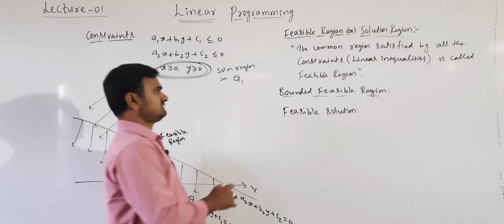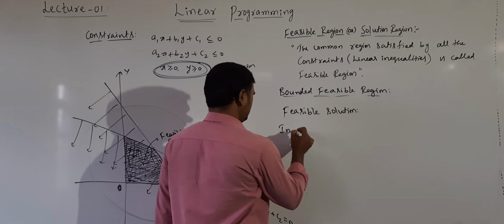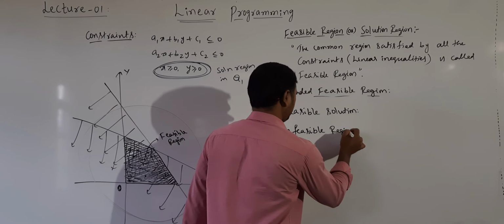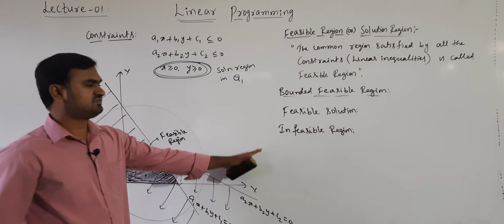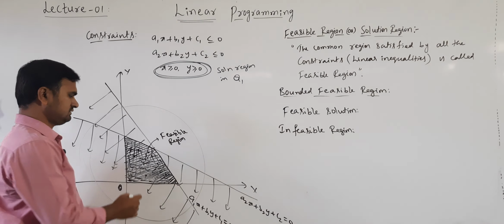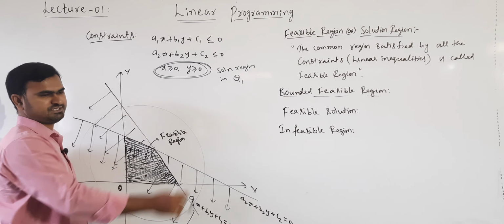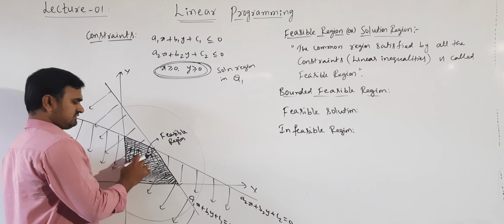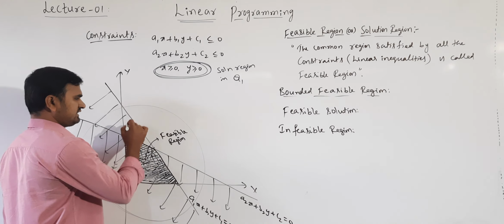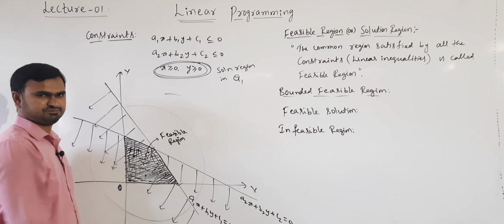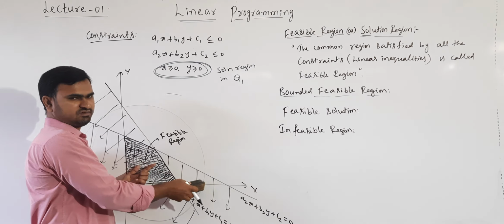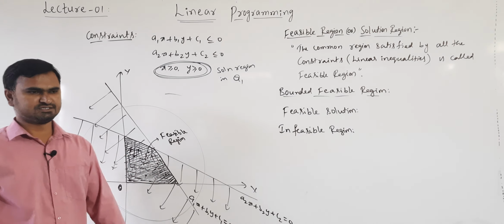Next we study infeasible region. Now what does infeasible region mean? Feasible region we know, the region which is common to all these inequalities. Infeasible region means the region which is not common to all these inequalities. So outside this feasible region, all of it you can take as the infeasible region.